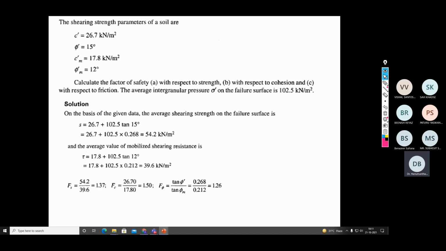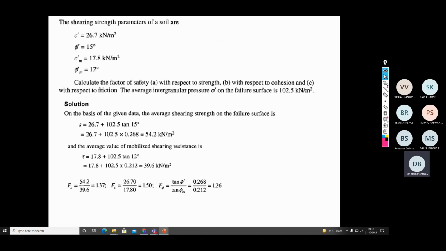The ratio of these two is your factor of safety with respect to strength. Fs is the average shear strength at failure divided by the average shear strength at the mobilized condition. So this is 1.37. I hope everybody has got the right value of 1.37.